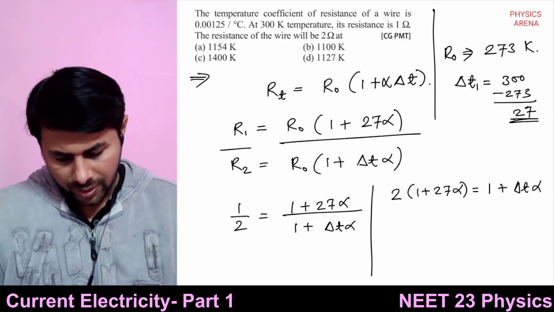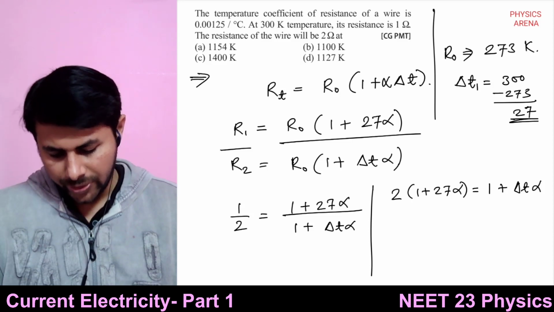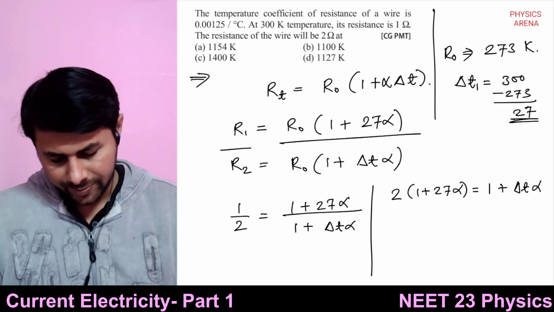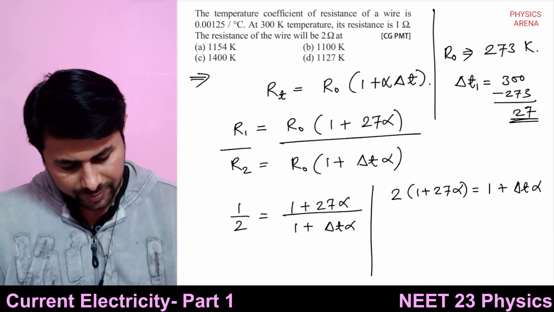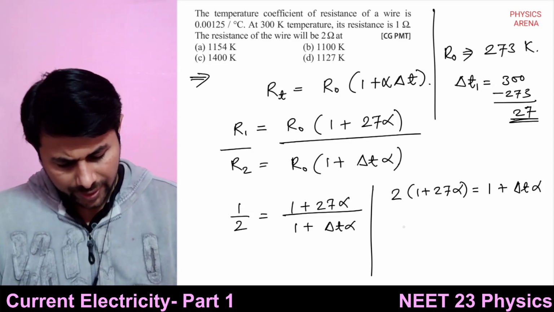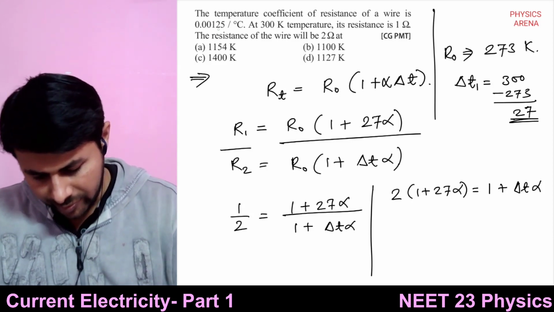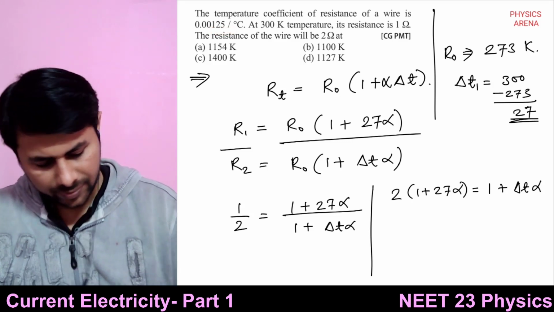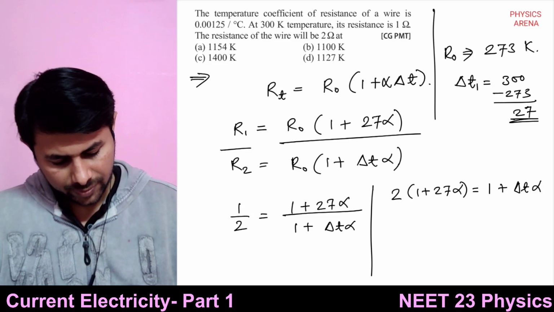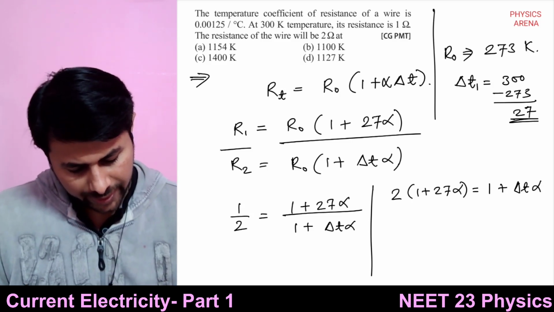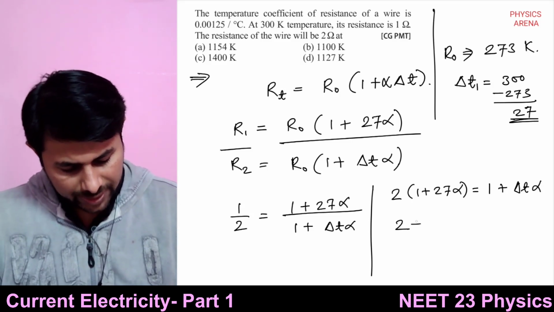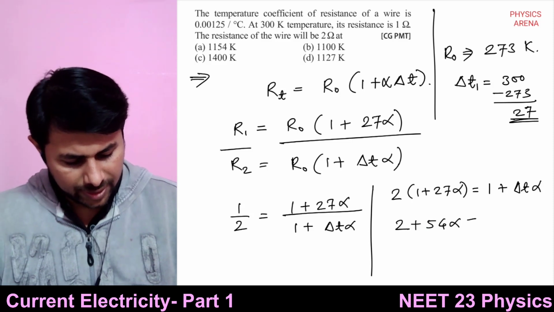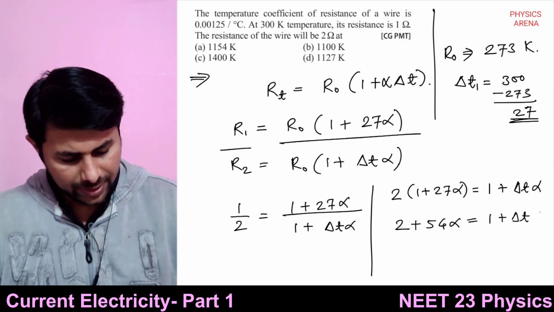Alpha is 0.00125 per degree Celsius. Okay. So we can say it is 125 multiplied by 10 raised to minus 5. So this is 2 plus 54 alpha is equal to 1 plus delta T alpha.